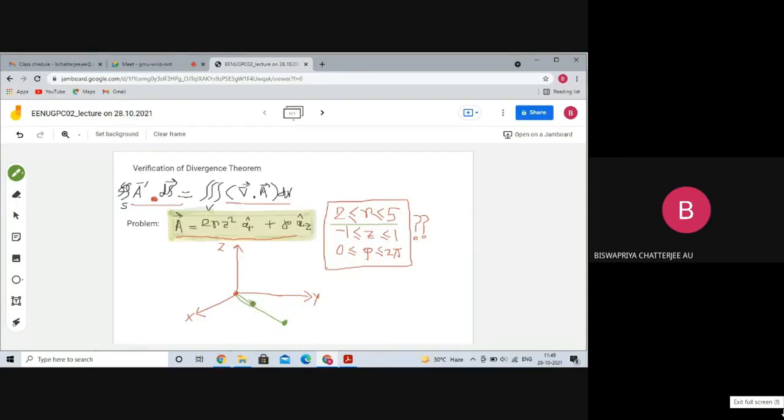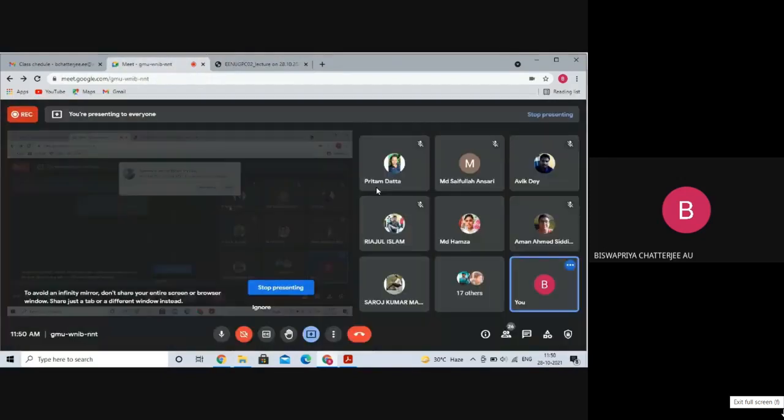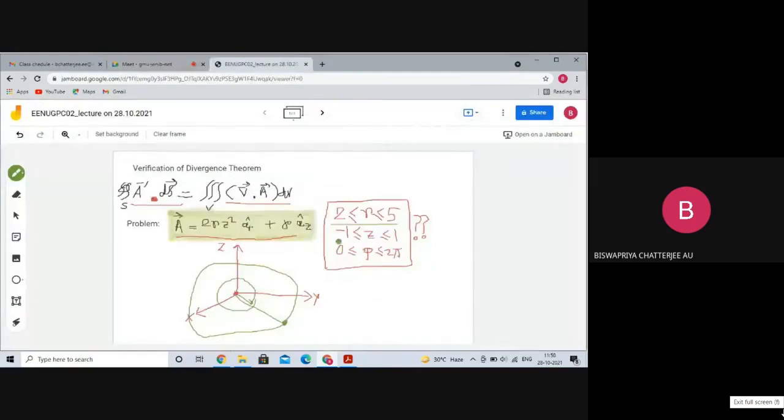Now when you go to phi, 0 to 2 pi means it rotates through the entire space, like a circle. And the range for Z goes from -1 to +1.